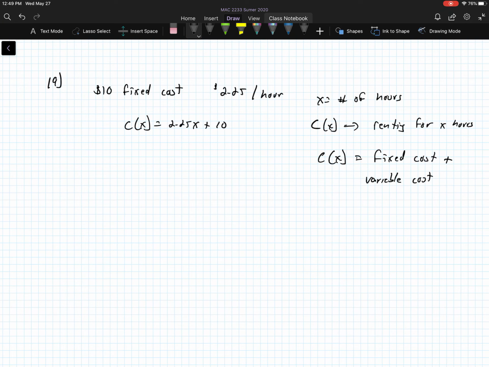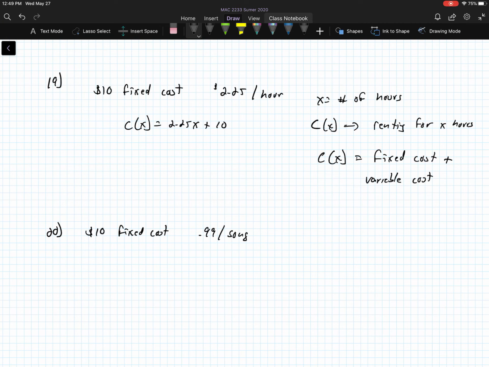So the next one we're going to do is number 20. For number 20 here we have that an internet site for downloading music charges a $10 registration fee. So it looks like the $10 is also the fixed cost. And then of course 99 cents per song that you download.